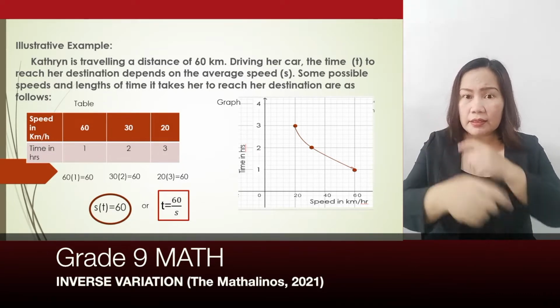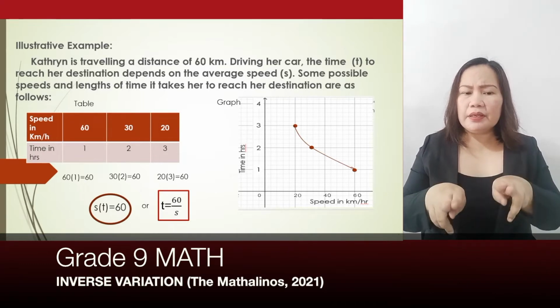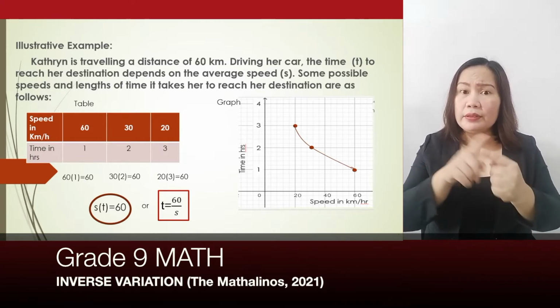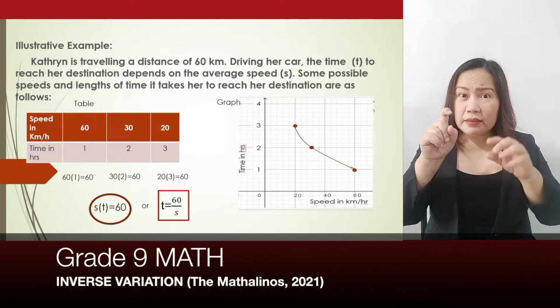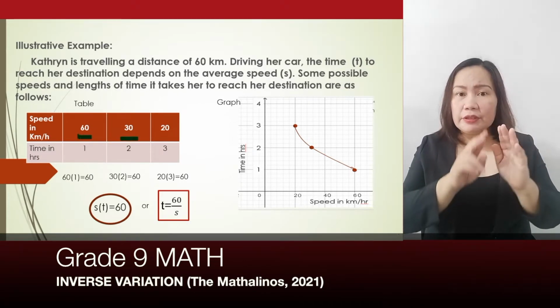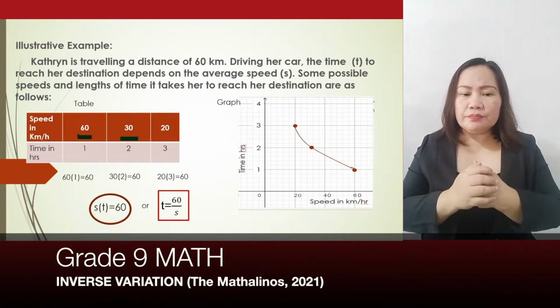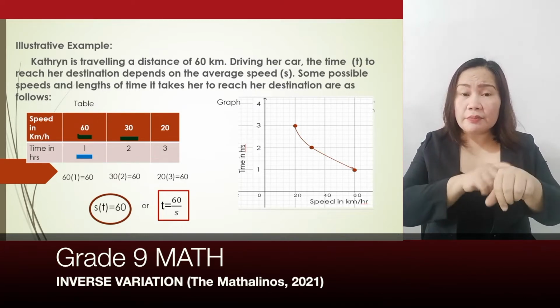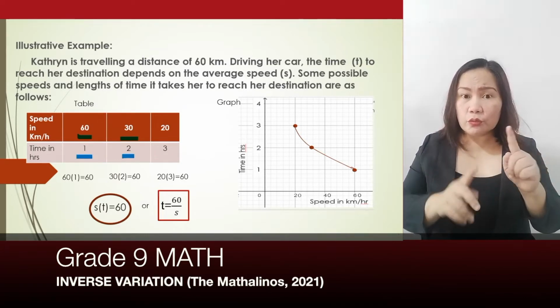Take a look at the table. What happens to the time when the speed decreases from 60 kilometers per hour to 30 kilometers per hour? The time increases from 1 hour to 2 hours.